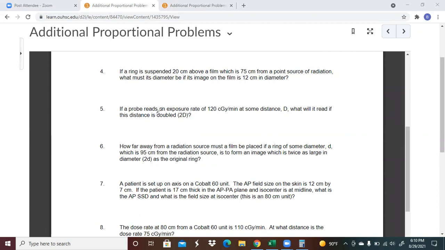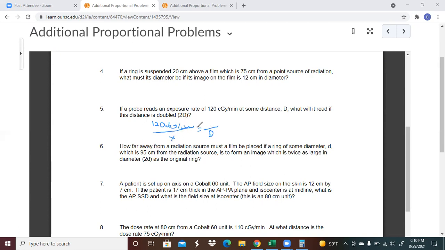So 120 centigrade per minute at some distance d. And we don't know what that d is, but again, we're dealing with dose rates here. So I'll put the big D right there. What will it read if the distance is doubled?